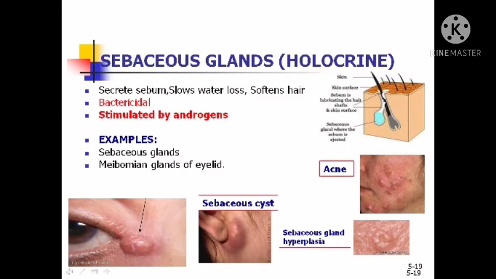Last is the sebaceous glands, also called the holocrine glands. They secrete sebum, an oily material which slows water loss, softens hair.